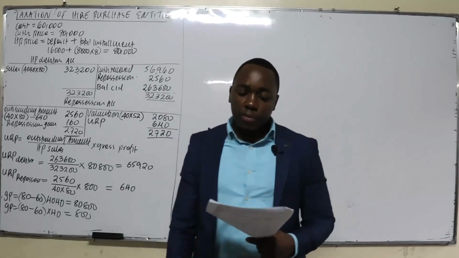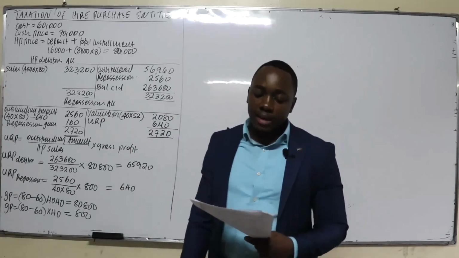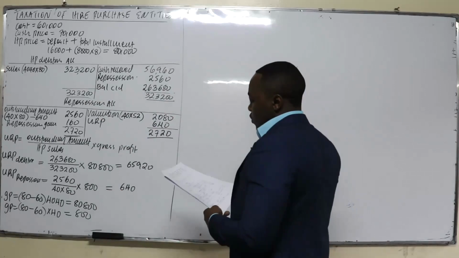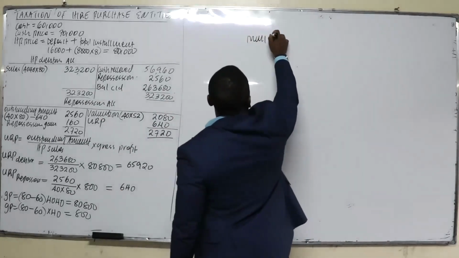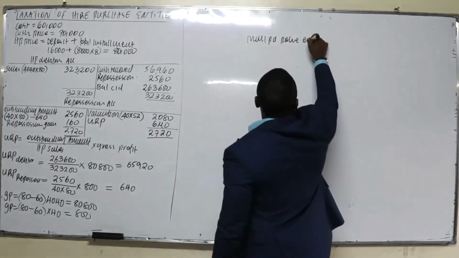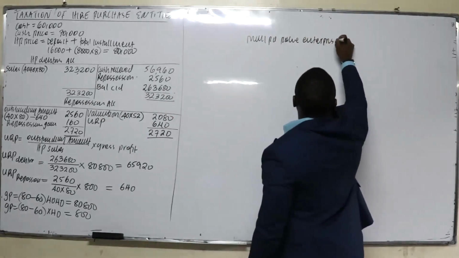That's what it means. Required: taxable profit or loss for Maripopore Enterprises for the year ended 31st of December 2020. So this is Maripopore Enterprises.